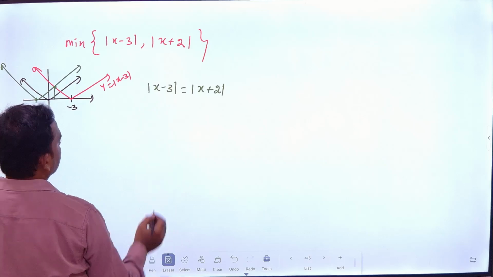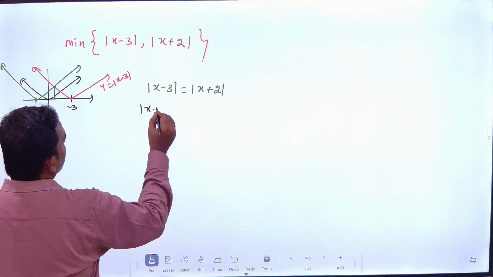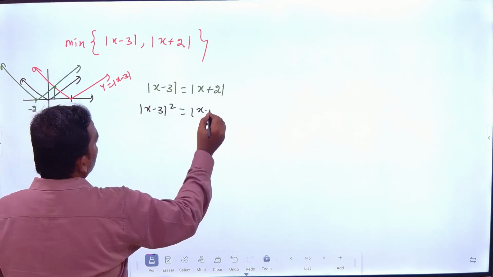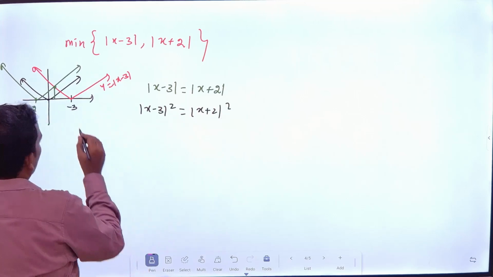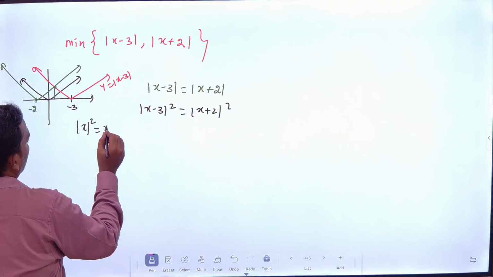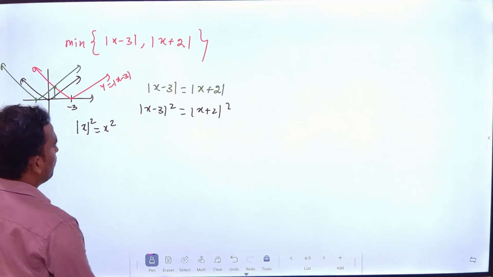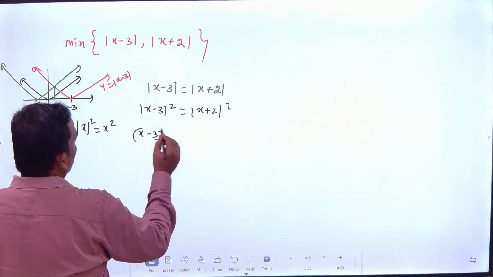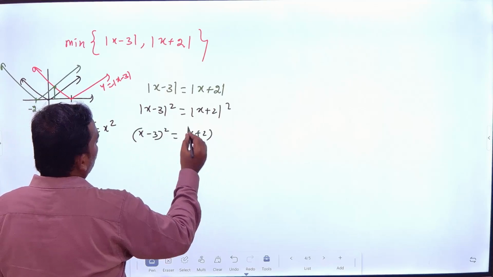What do we get? Mod x minus 3 whole square is equal to mod x plus 2 whole square. You already know mod x square is equivalent to x square. Therefore x minus 3 whole square is equal to x plus 2 whole square.